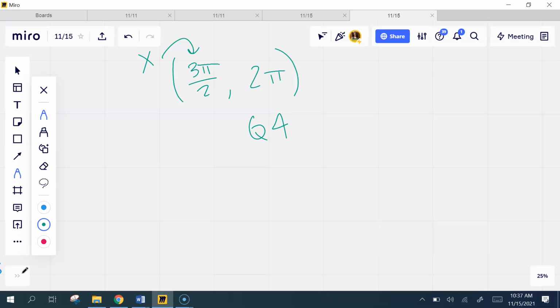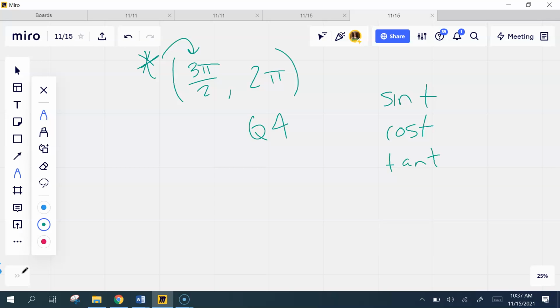All right, if x is between 3 pi over 2 and 2 pi, or I should say my theta values, I'm talking about quadrant 4 on my unit circle. So the directions are: if t is in the given interval, then what is the sine of t, the cosine of t, and the tangent of t sign-wise?